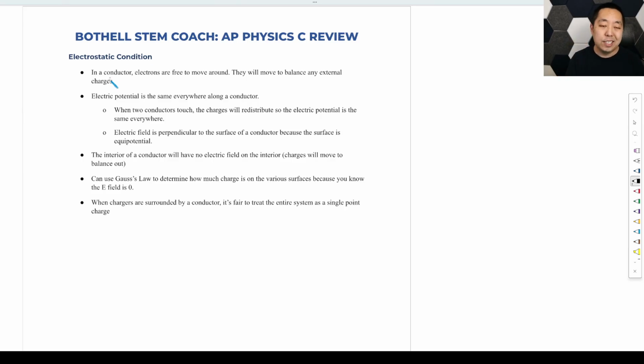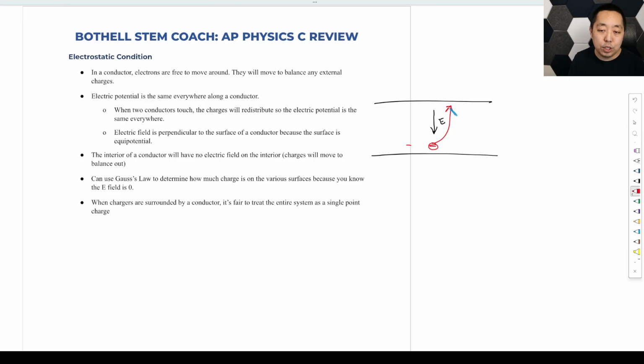So the thing is, the electric field inside will be zero in a conductor. Why will it be zero? Because if there was an electric field, then the electrons are going to move. So let's say you have an electric field here, then any electron that was over here is going to feel the need to move up to here, because the negative charges are going to feel a force opposite the direction of the electric field.